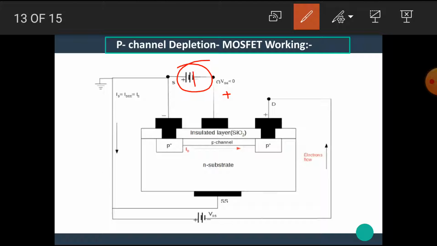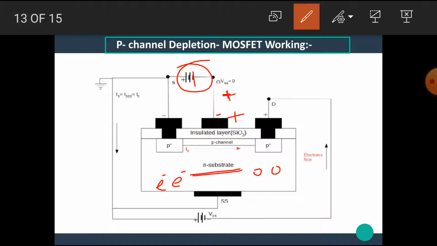But when we apply some positive potential at the gate terminal, then what happens? This gate is now positive. Now the n-type substrate has holes as the majority and electrons as the minority charge carriers.